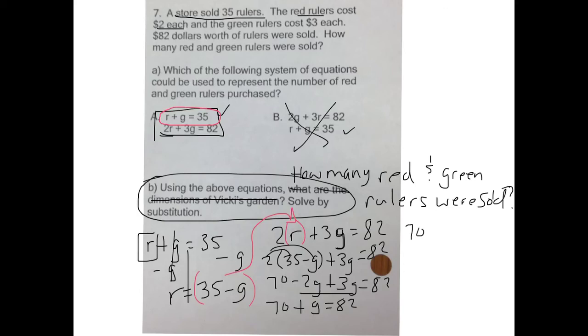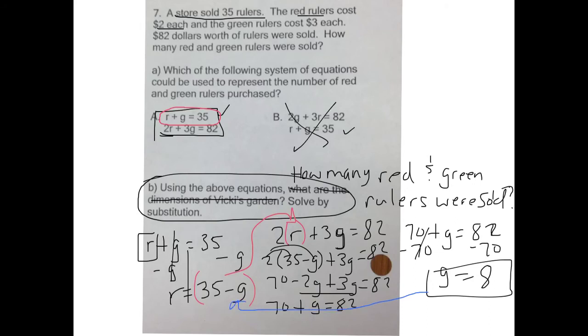I'm going to bring it up here to the top. 70 plus G equals 82. Minus 70 to both sides. And G equals 82 minus 70, which is 8 green rulers. Then we have to take that and plug it back in, and it's best to plug it back into this solved one right here for G. So I'm going to take out G, put 8 in its place, and so it'll be R equals 35 minus 8, and 35 minus 8 is 27 red rulers.